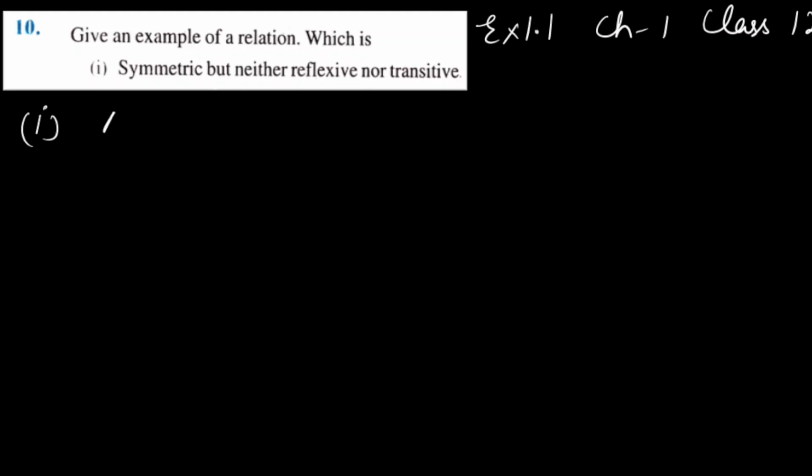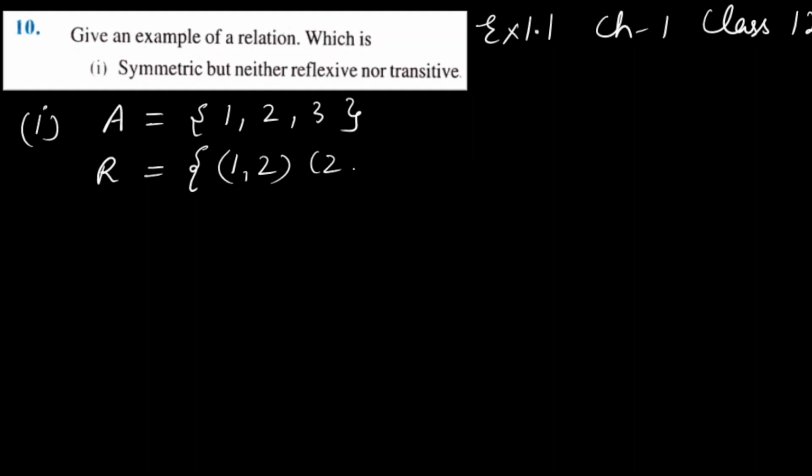So let us consider a set A, where A equals {1, 2, 3}. Now the relation I am defining as R = {(1, 2), (2, 1)}.